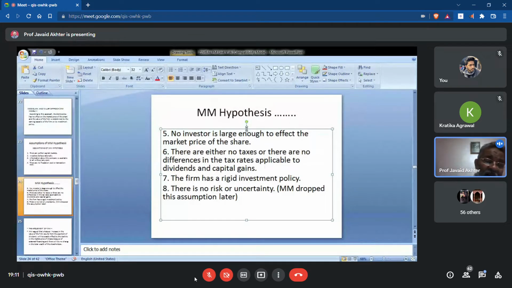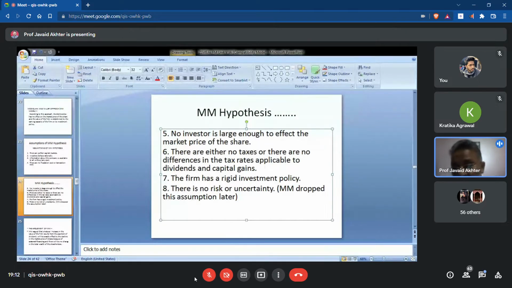Otherwise, in private sector companies, the holdings are so widely spread, 1%, 2%, 1.5%, 0.01%. So no investor naturally will be large enough to influence the market. In the public sector, the government may have 80%, 60%, 70%, and just one decision of the government will change whatever they want, which in the private sector does not happen.